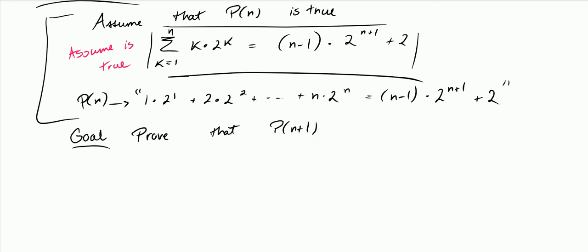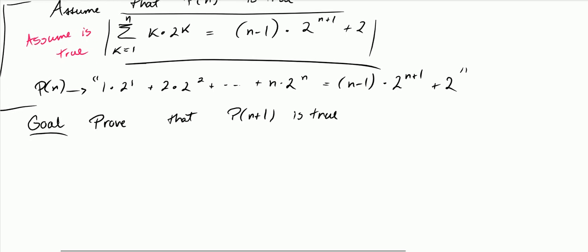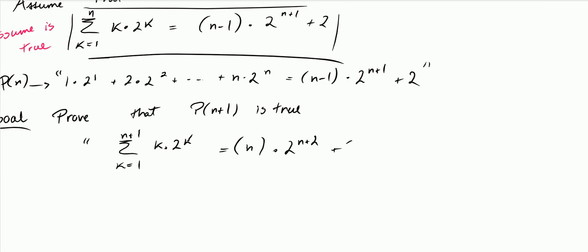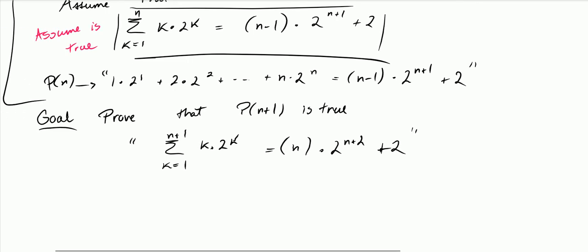In this case, Pn plus 1 is the statement that the sum from k equals 1 to n plus 1 of k times 2 to the k is equal to, and I'll just do it implicitly, (n minus 1 plus 1), which is just n, times 2 to the n plus 2, plus 2, because I'm just adding 1. So this is my statement Pn plus 1, and I need to prove this.